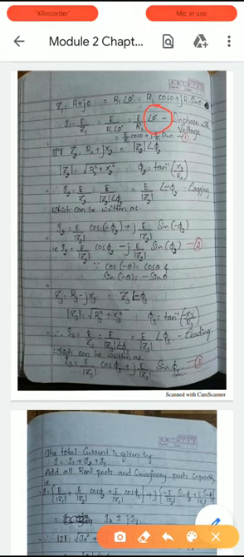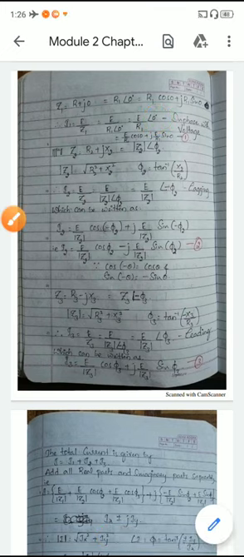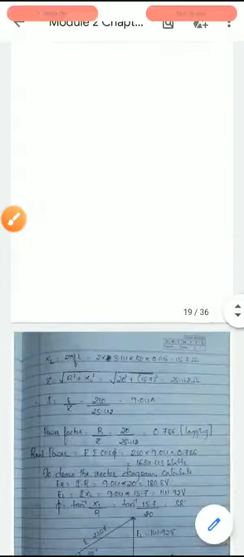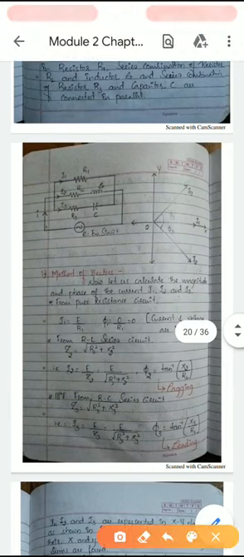So I1 is in phase because it is flowing through a pure resistive circuit. Similarly we will go for the second branch, that is R2 and L. Here it consists of an inductance term, right?